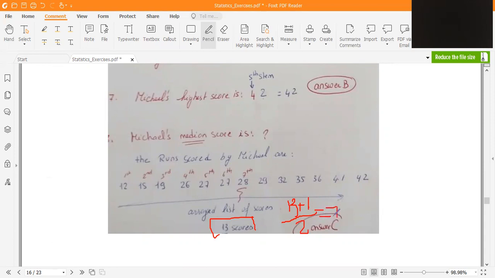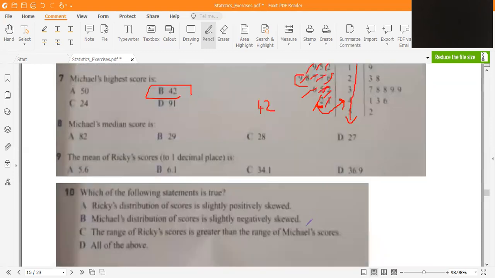So the 7th point is the median, seated in the middle of the list. The 7th here is 28. So for us it is 28. When we have an odd number of points, we add 1 and divide the sum by 2, and in this case we obtain the median.